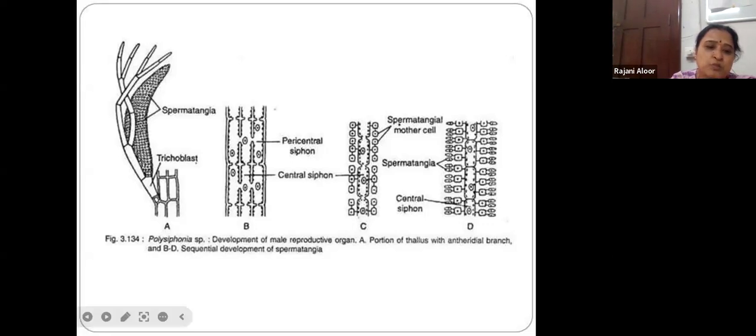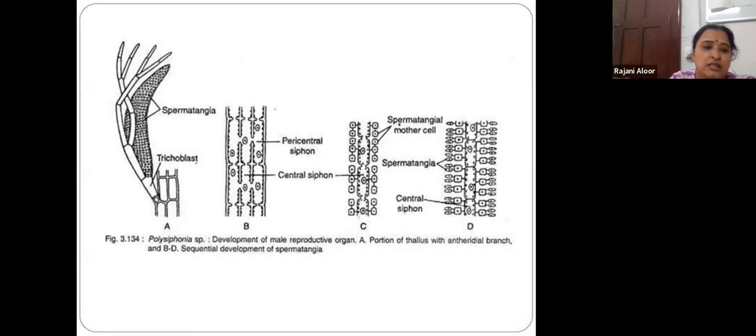In some species, both branches become fertile, but in others only one remains fertile and the second one is sterile. It undergoes repeated dichotomy to form dichotomous sterile structures.